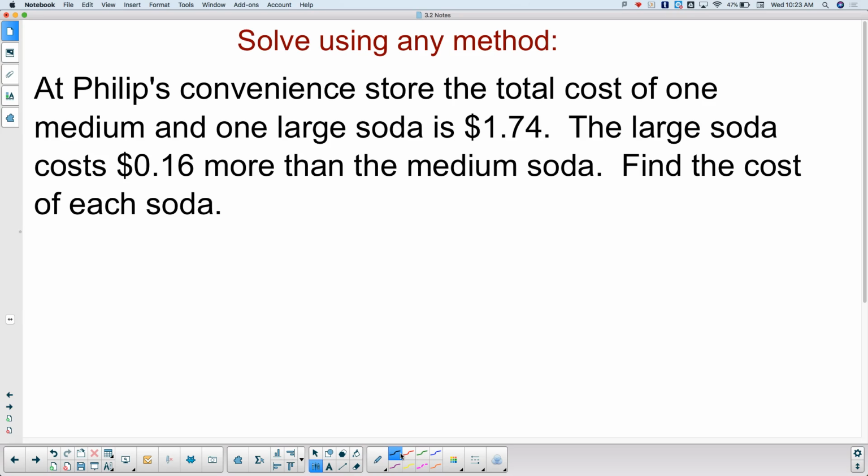L and M. L is going to stand for what? Cost of a large soda. Okay? So literally write that out. L equals the cost of a large, so you know exactly what you're talking about, and you can clearly state that to somebody else. M, cost of a medium.